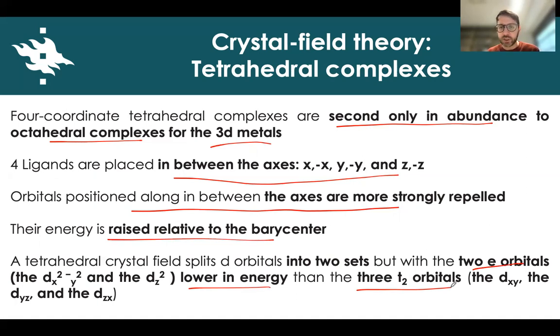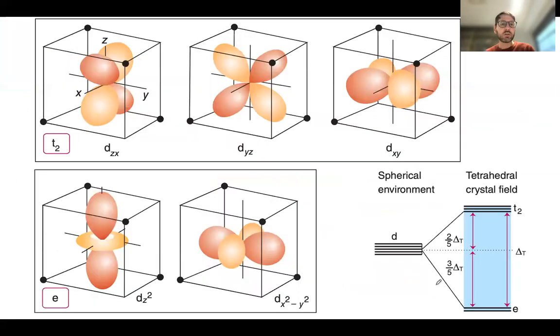And here we don't have the g designation anymore for these orbitals because of symmetry considerations. So here are the positions of the different orbitals relative to the negative point charges that represent the ligands, for the orbitals positioned in between the axes and the orbitals positioned along the axes.